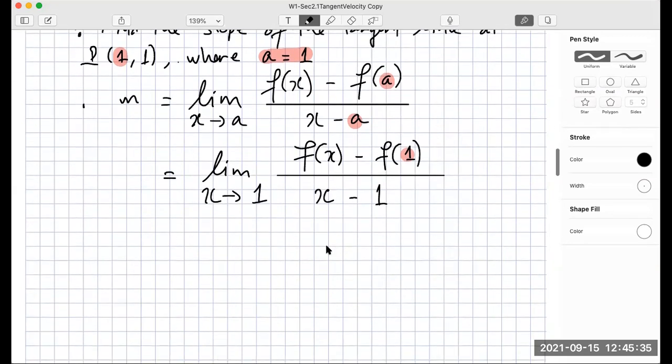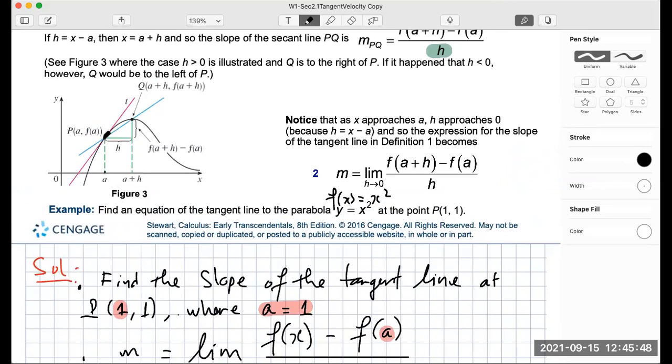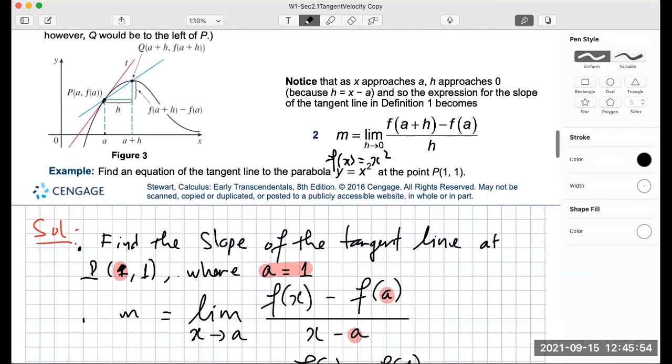So we replace f of x by x squared. a is the value at the point we are computing right here. In our case, a is equal to the x coordinate of the point we're computing.